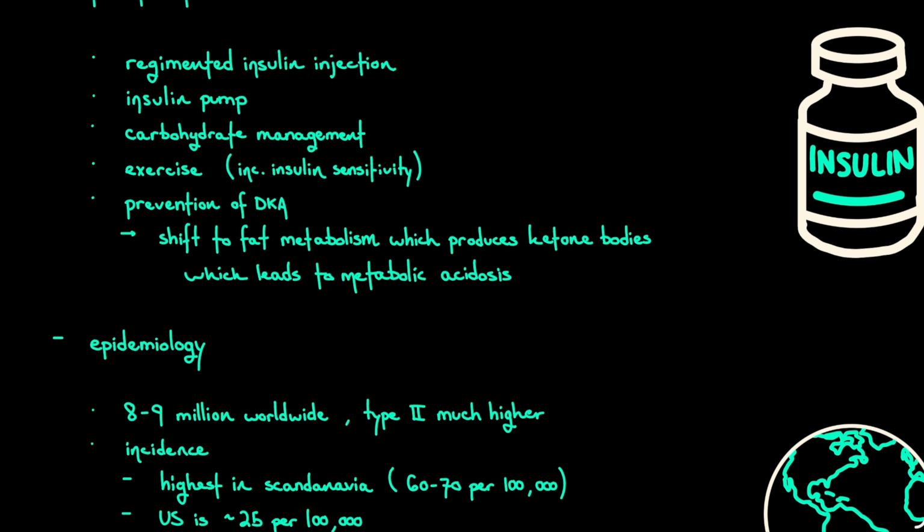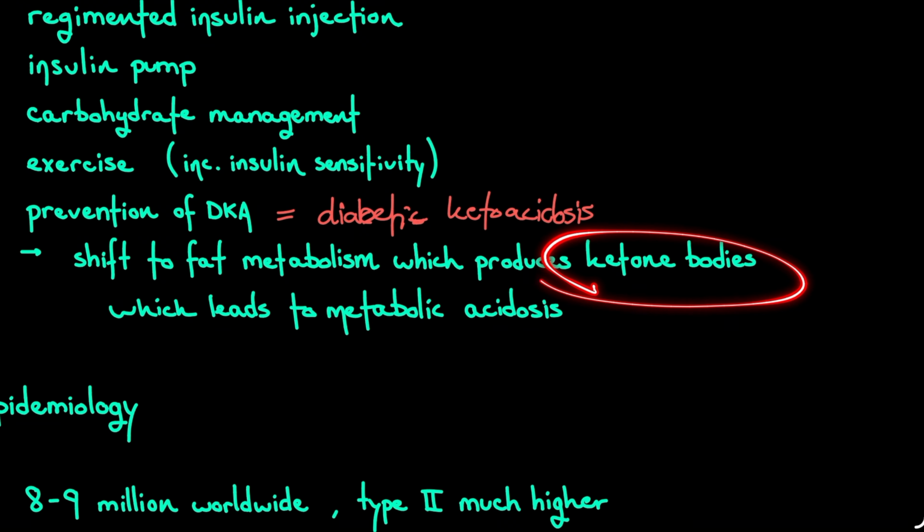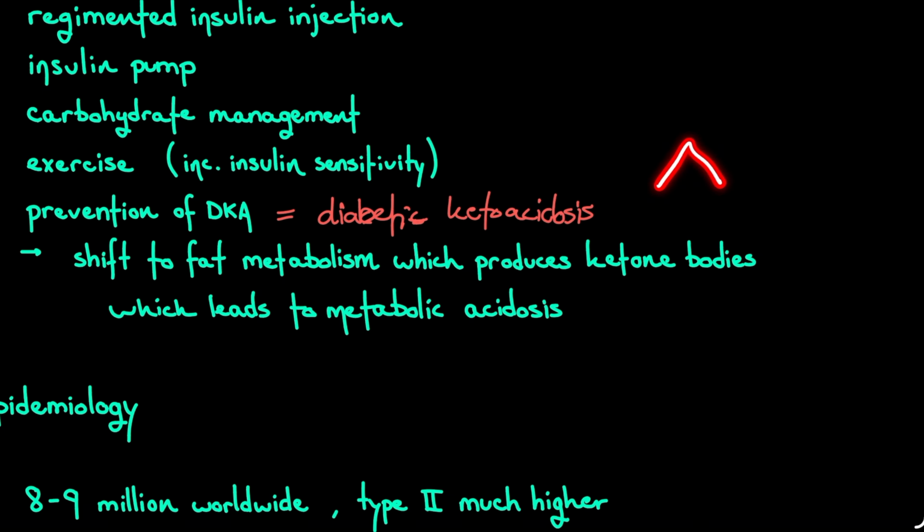That is diabetic ketoacidosis. If I can't get glucose into my cells, then I have to switch to breaking down fats. Fat metabolism produces something called ketone bodies. Ketone functional group is just that double-bonded oxygen to other groups.